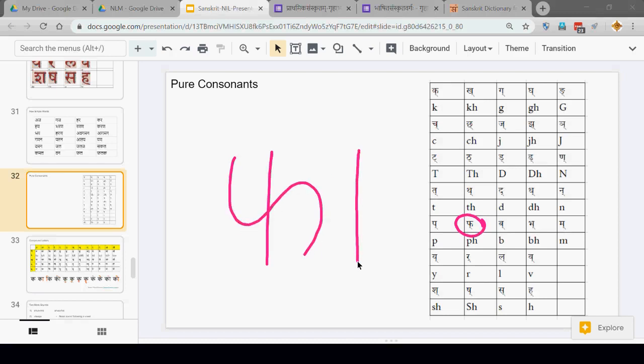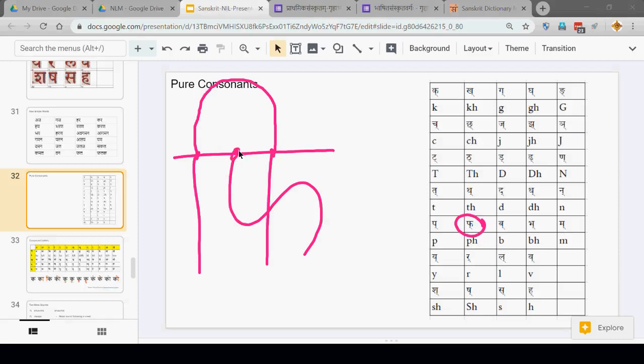For pa, we add a vertical line after that. But for pi, adding the e sound, vertical line before that, and this loop will start here as usual, but ends at the vertical line of the base letter. It should not end here or anywhere else. It should be ending at the main central vertical line of that letter.